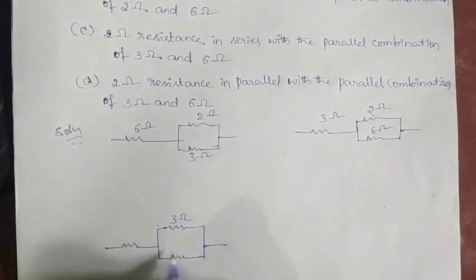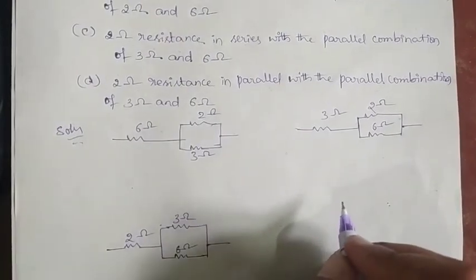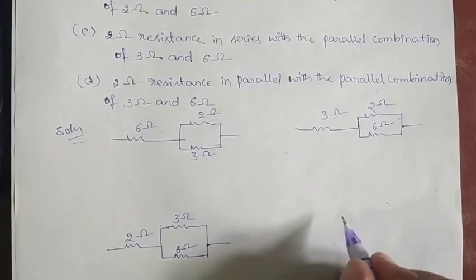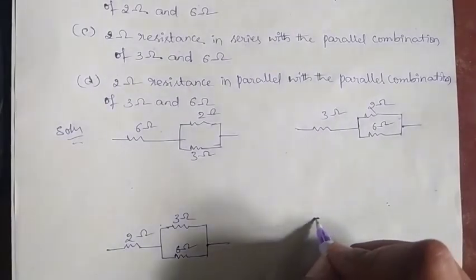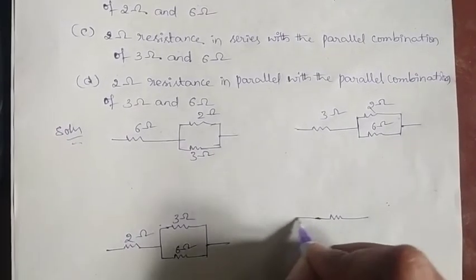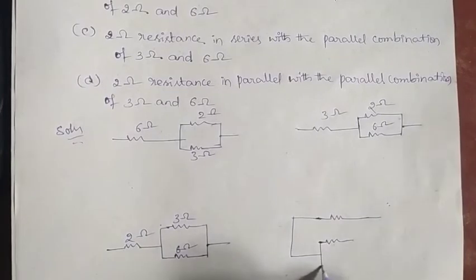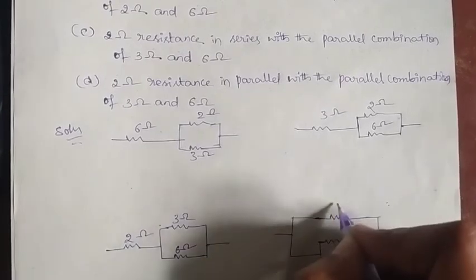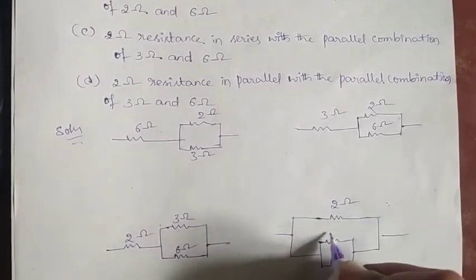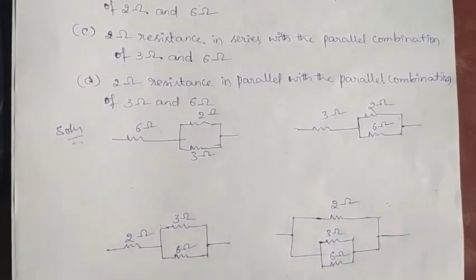In option D, 2 ohm resistance in parallel with the parallel combination of 3 ohm and 6 ohm. We have to solve all these.